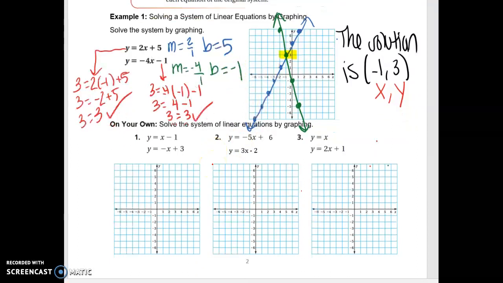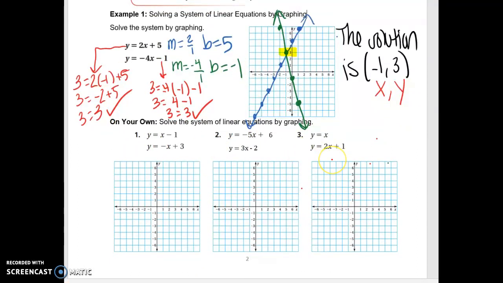Okay, so go ahead and try these three on your own. First, I would go ahead and mark your slope and your y-intercept for each of your equations. I also might recommend doing them in a different color. It's easier to see the different lines. You don't have to. That's just what I did to help show you guys.